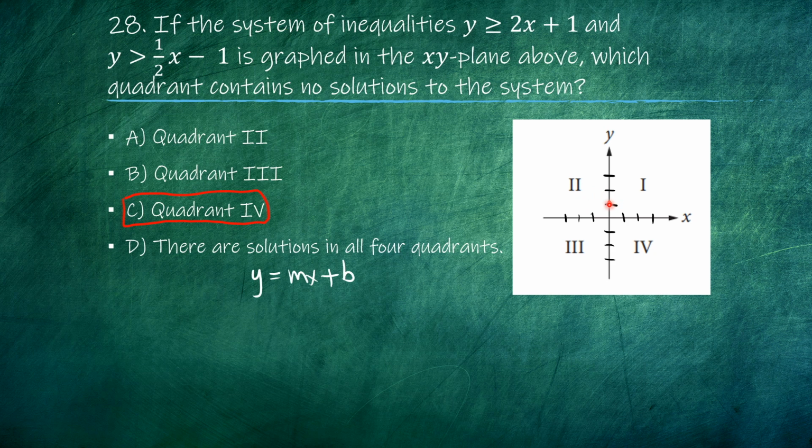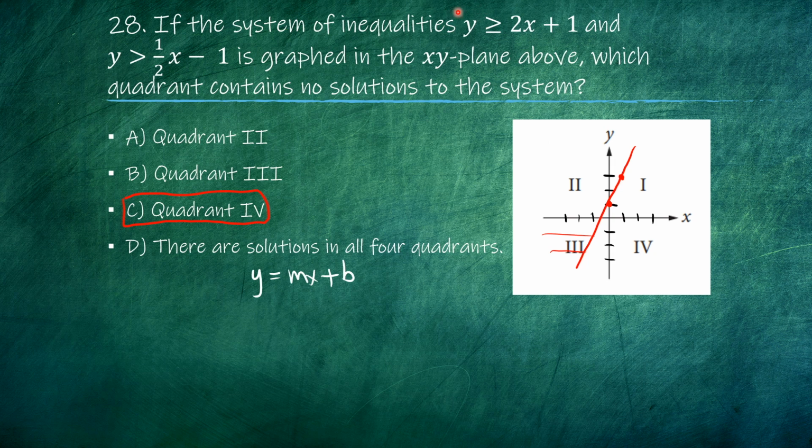So that means it will go up 1, 2, and over 1. So the slope is right here. And we are drawing a solid line because this is a greater than or equal sign. So the first graph will look like this.